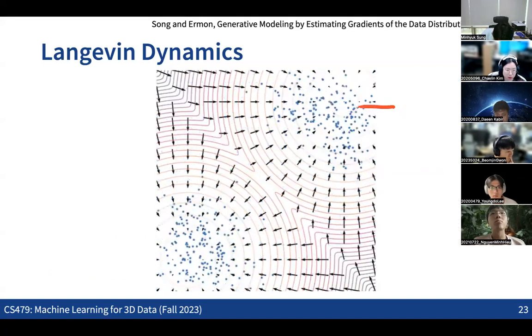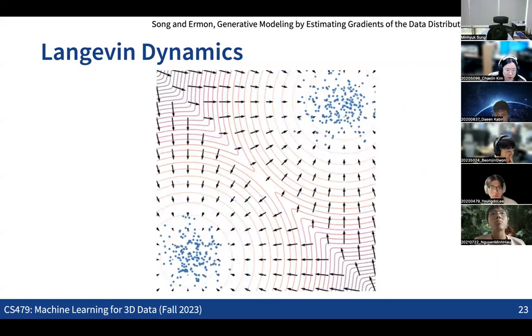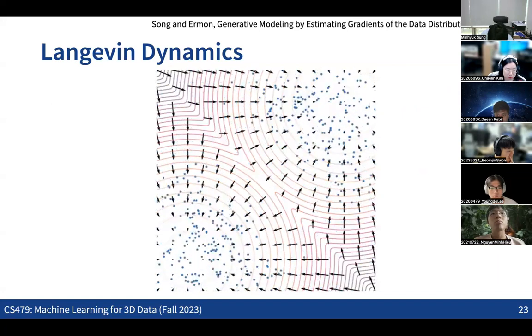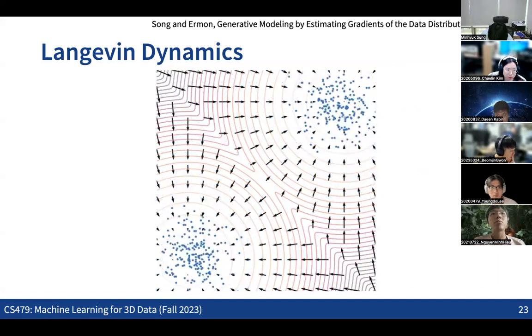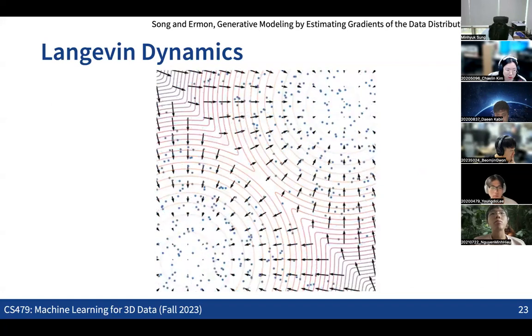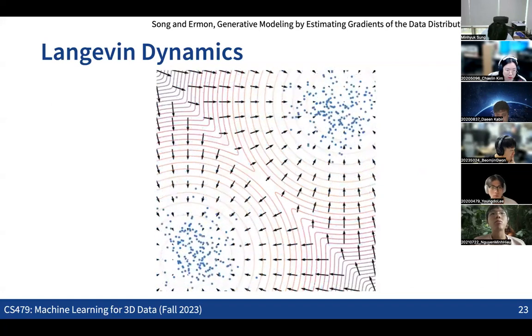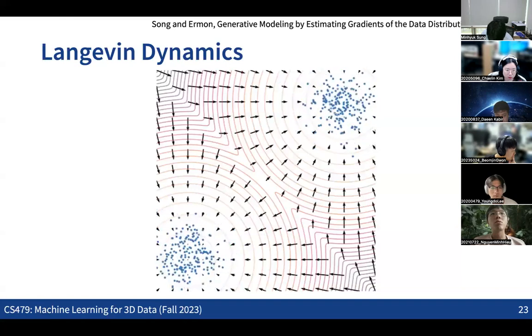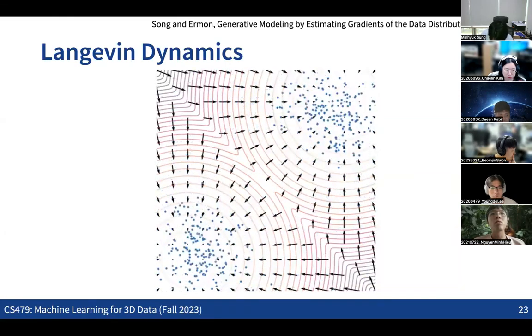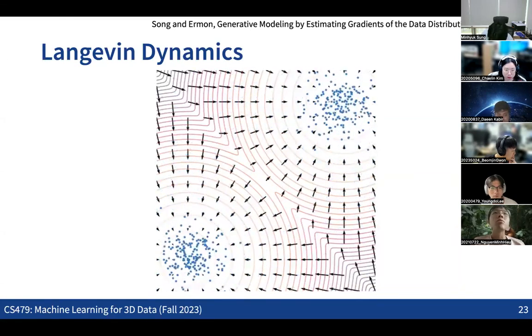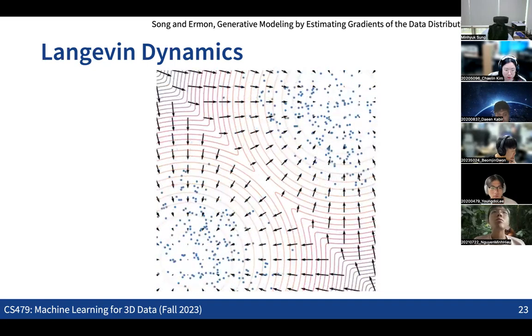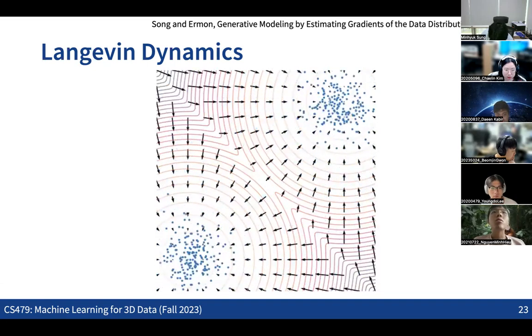This is an animation of the diffusion process. The blue dots are samples from a uniform distribution over the space. Over time, when you move them according to the equation we saw in the previous slide, they converge to the distribution that we wanted to see.